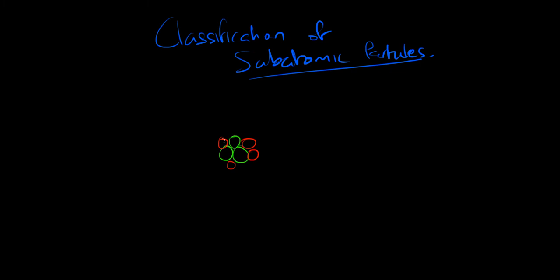Protons and neutrons, in fact, aren't fundamental particles. They are actually made up of fundamental particles. You might have learnt at KS3 or lower years that atoms are the smallest particles, particles that you can't divide.